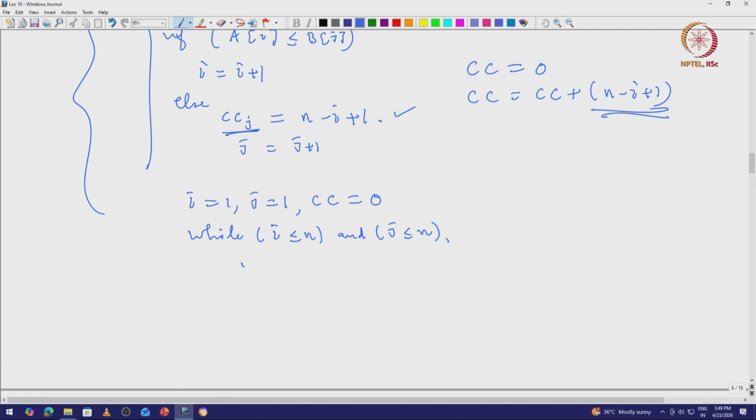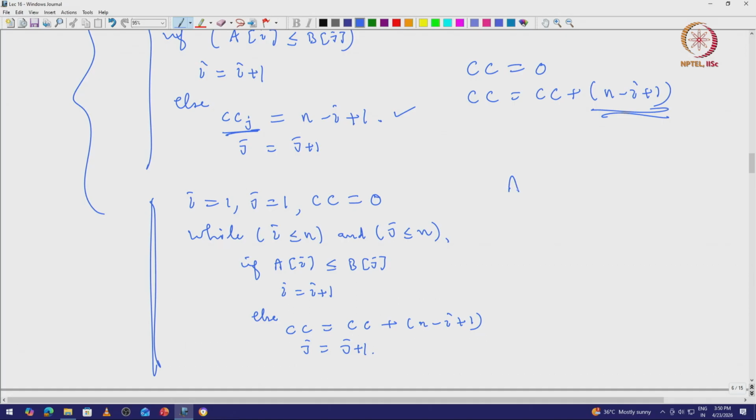What if Ai is less than or equal to Bj, then I equals I plus 1, all smaller values you ignore, else C equals C plus n minus I plus 1, all these values are larger, and j equals j plus 1.